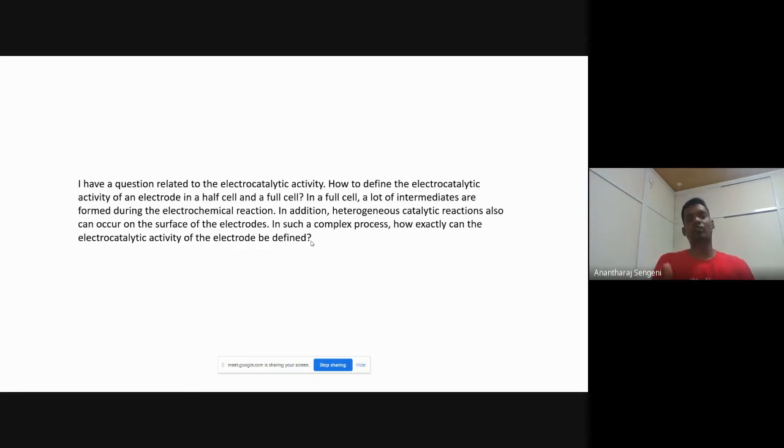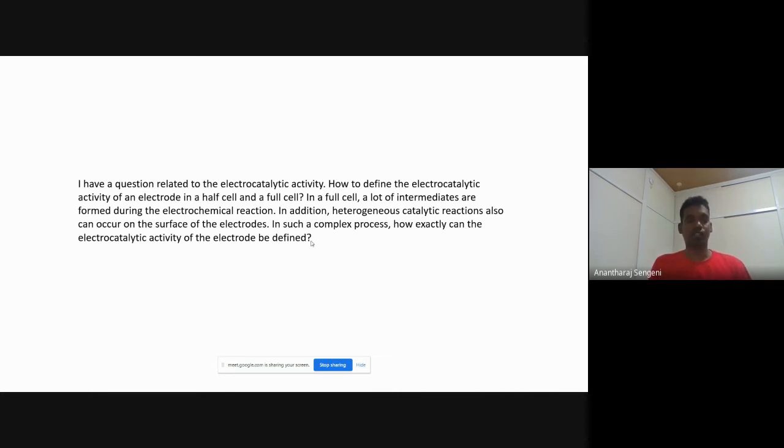So any activity that is determined using this current or potential should only be of the electrochemical reaction that is occurring. If you are interested more in studying the heterogeneous reaction that is also occurring along with the electrochemical reaction that we are studying, you can always use highly sophisticated instruments like inline differential electrochemical mass spectrometry and GC-MS.